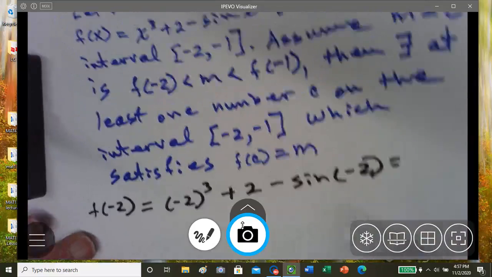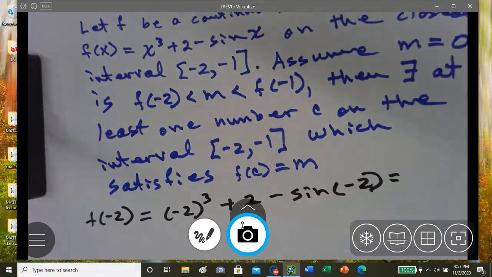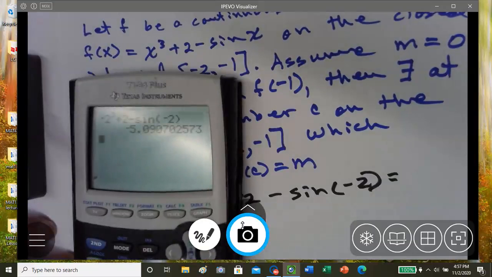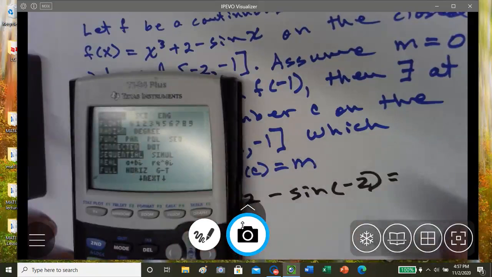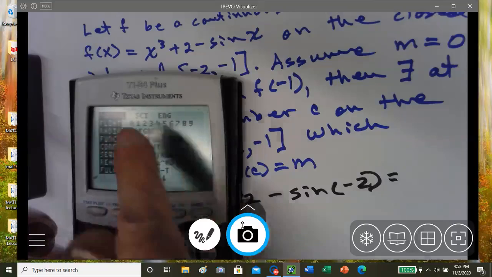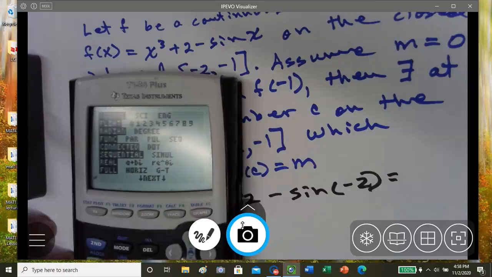Okay, so we've got to put this in our calculator. All right, now let's look at this for a minute. First thing you have to do is check and make sure in mode that you're in radians, because if you're in degrees, it's going to come out wrong.